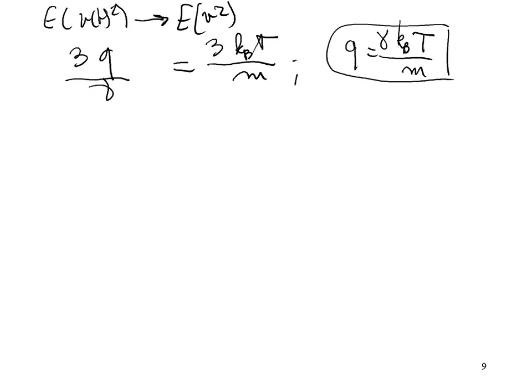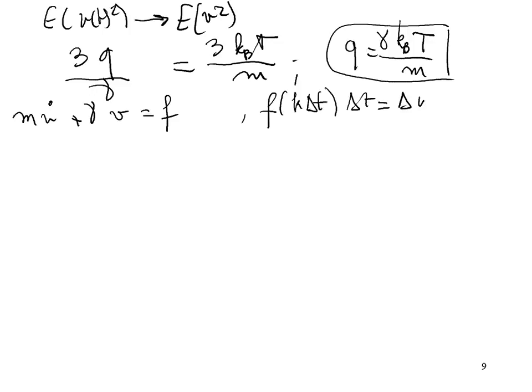So now we can rewrite the Langevin equation, which is m v dot plus gamma v equals f, where by definition f_k delta t, multiplied by delta t, was d omega k, which we can rewrite using the normalization of a Brownian motion, of variance 1, as d omega k tilde multiplied by square root of 2q.